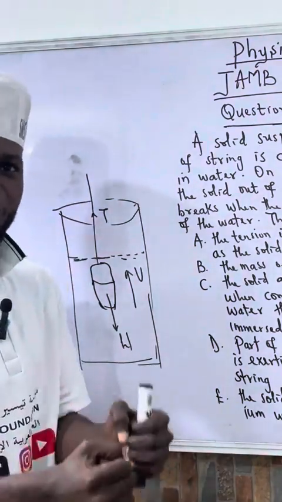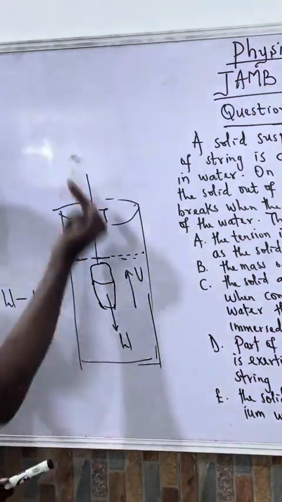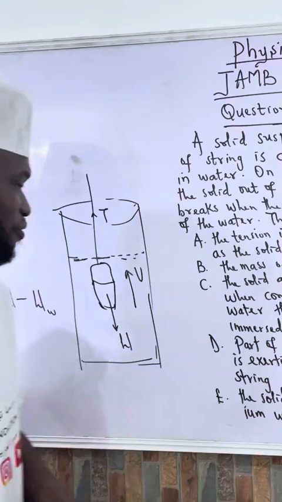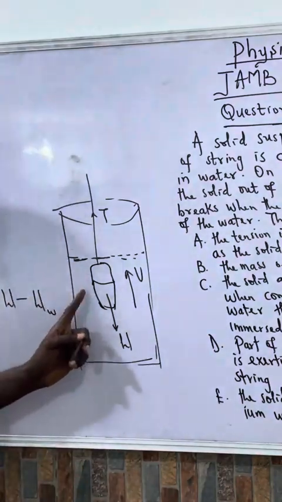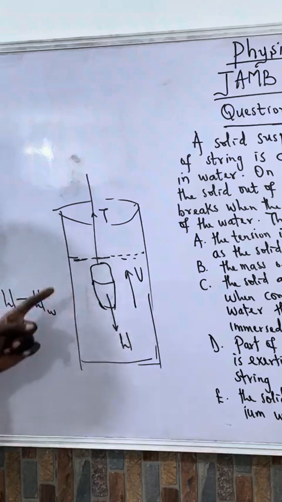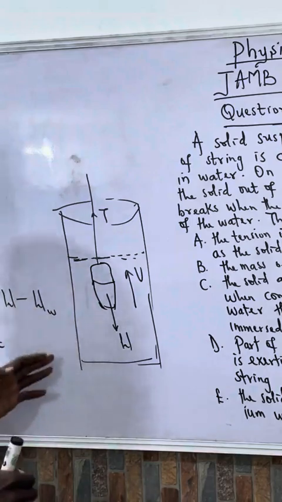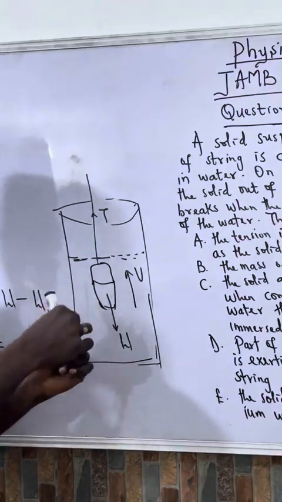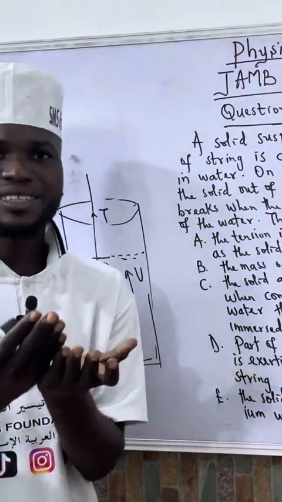That's why it feels lighter when you are dragging it. But what happens when this thing is completely out of the water or partially out of the water? When it is completely inside water, the buoyant force will be equal to the tension. They will balance each other.